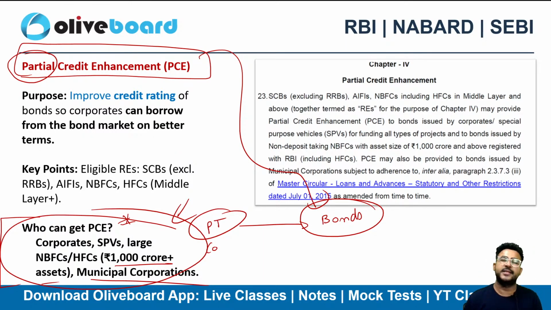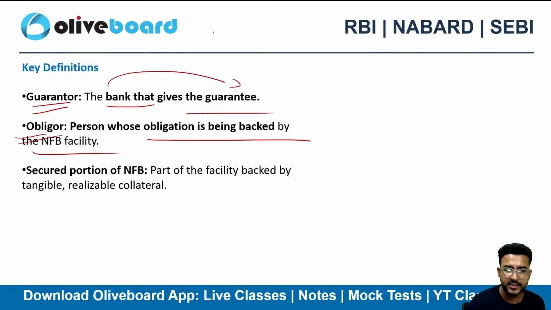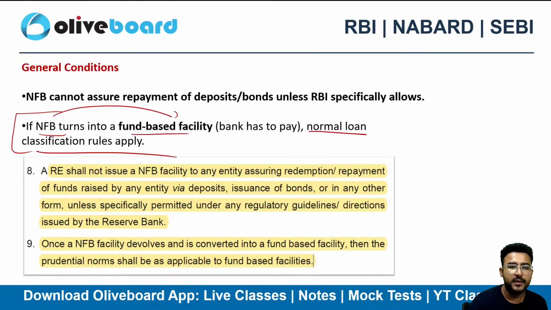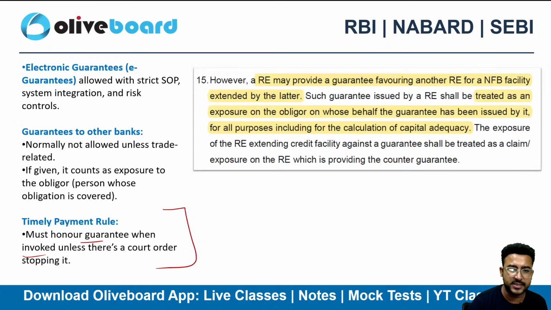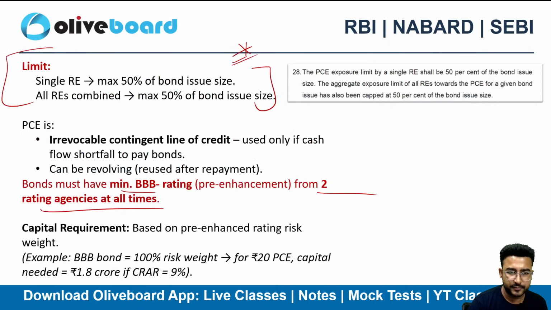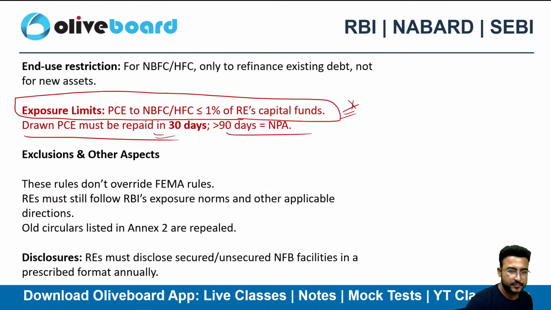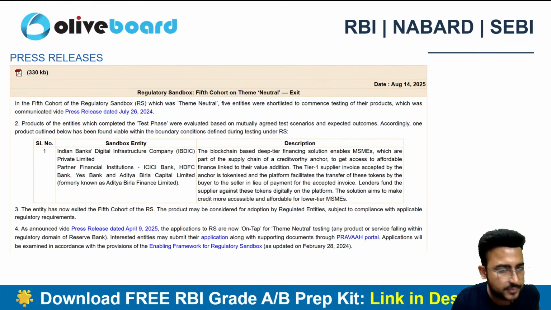Now I can say there is a 50% chance that a question can come from this area of partial credit enhancement, the percentages that I just discussed with you. This limit of partial credit enhancement is very, very important for your examination, right?